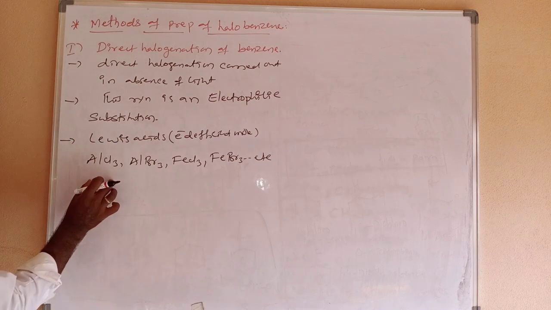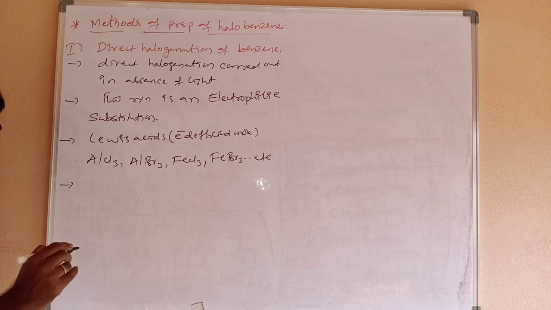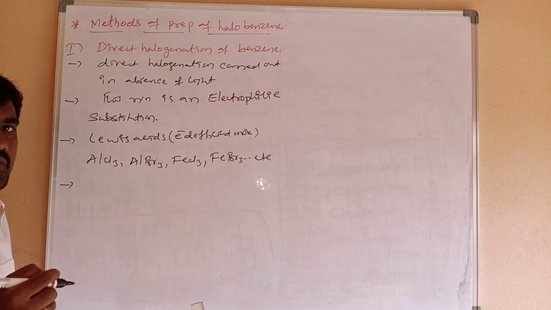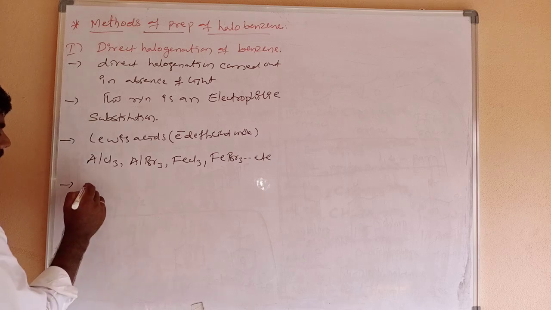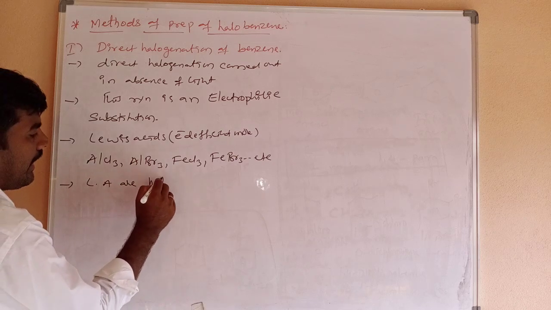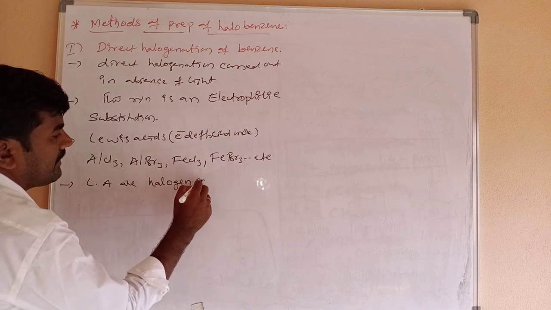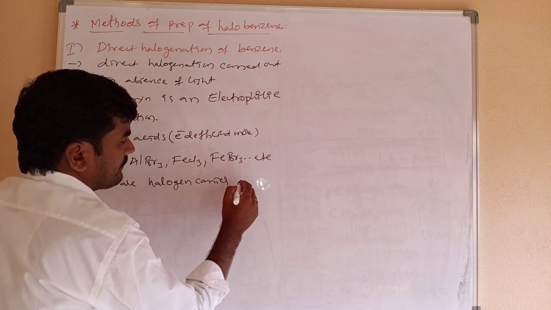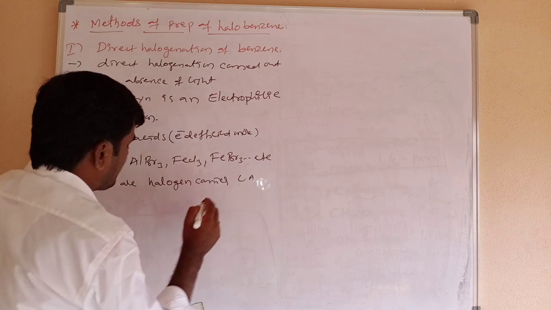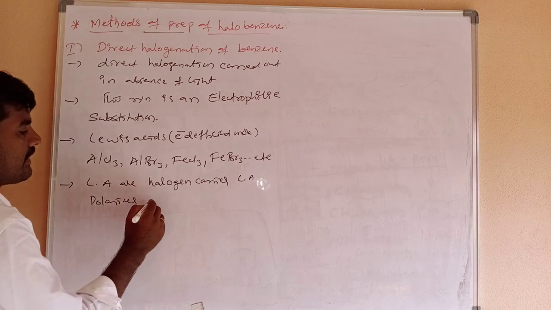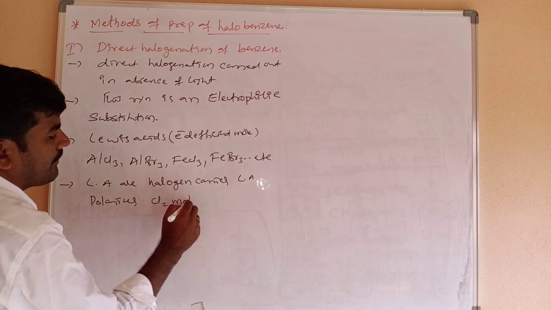Now these Lewis acids are halogen carriers. They act as halogen carriers. Therefore, Lewis acids polarize the Cl2 molecule.